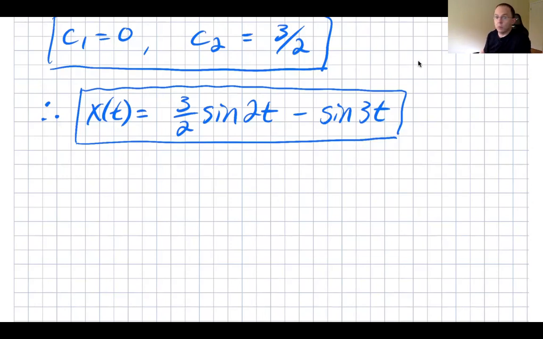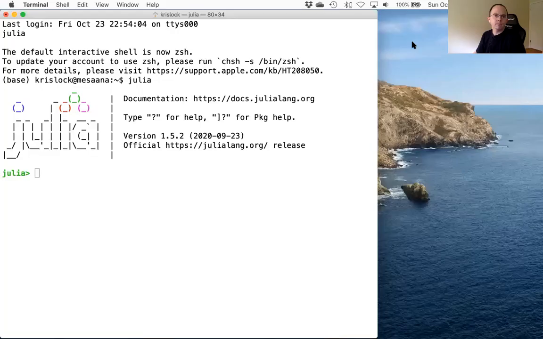So I'm going to pull up my plotting software and we will plot it. Okay, so here we are in Julia and we want to plot this function. So let's just type it in. We have 3 divided by 2 times sine of 2t minus sine of 3t.